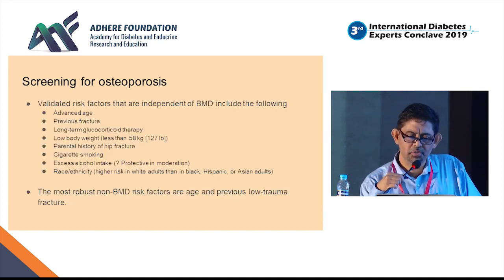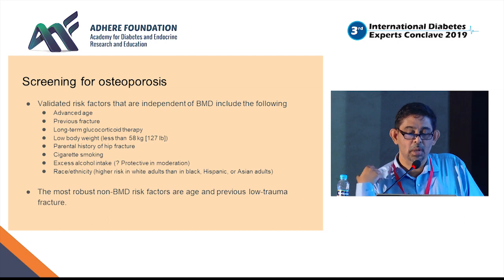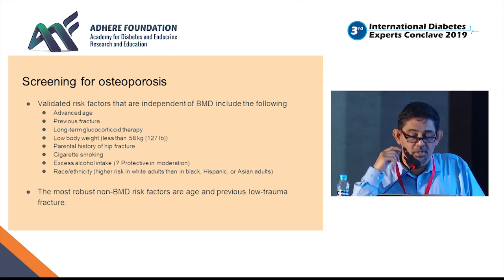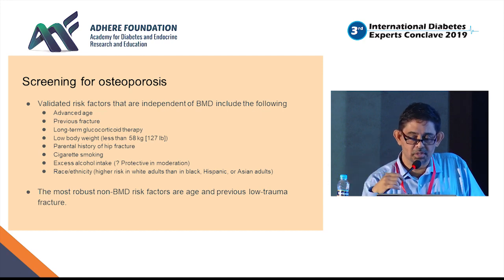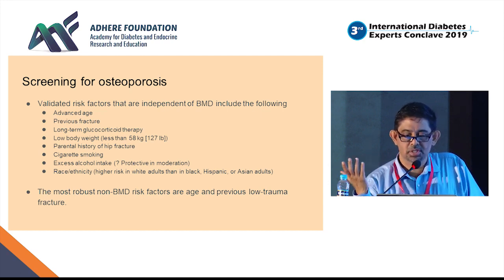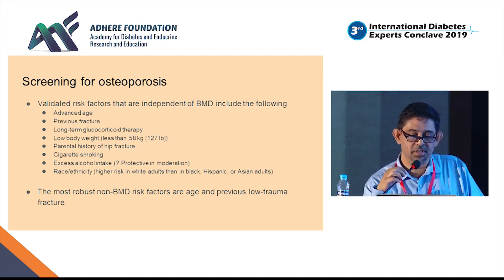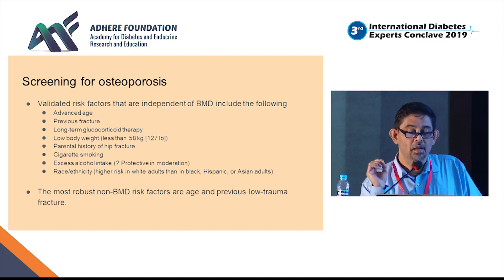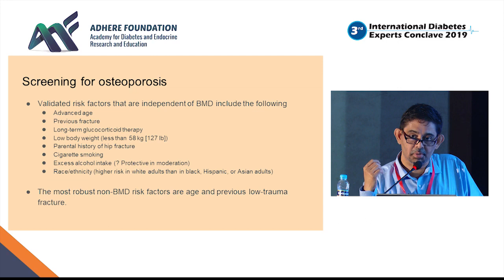Who do you screen for osteoporosis? There are certain people who would require a screening for osteoporosis, and the first is, of course, advanced age. So if your patient is more than 60 years, then both sexes would probably benefit from some kind of screening test for osteoporosis. A previous fracture becomes a very, very important consideration. So does long-term glucocorticoid therapy.